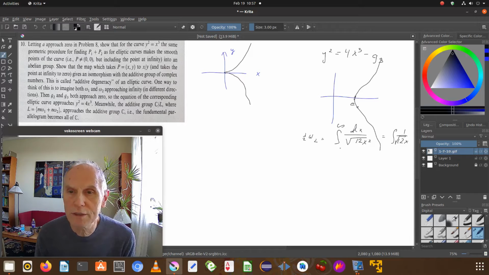So we need to state what the limit is, because it's the cubic root of g3 divided by 4.